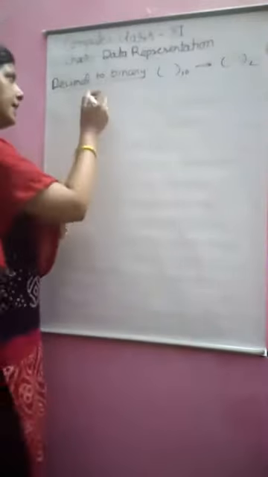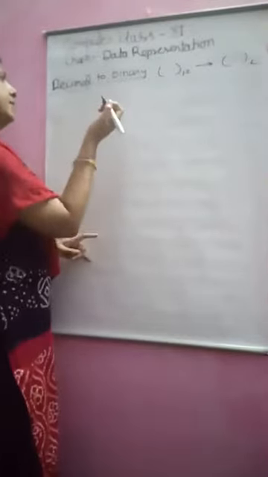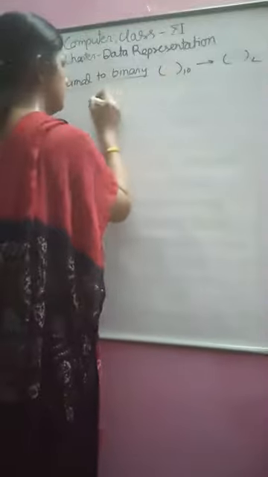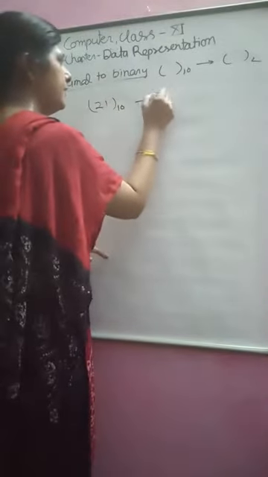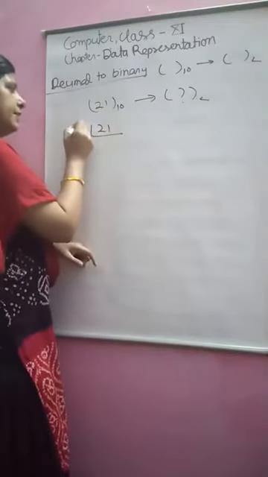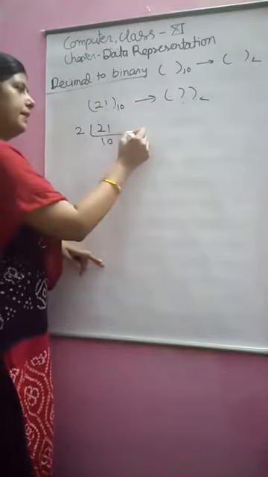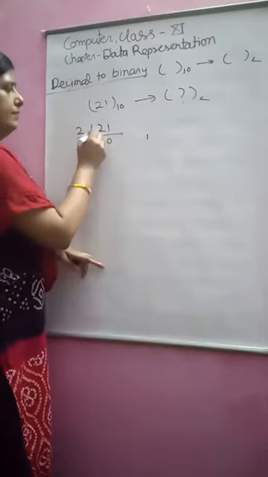Take an example. Take 21. Convert 21 from decimal to binary. 21 divided by 2, it goes 10 times and the remainder is 1.